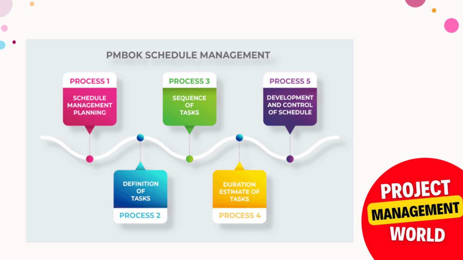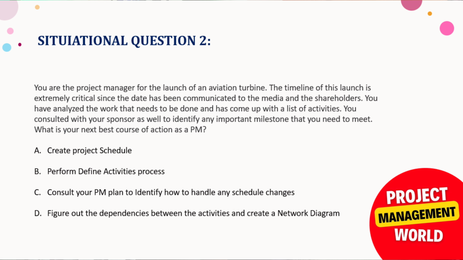So now let's read out the options as well. Create project schedule. This option is not right, because creating the schedule is the last process of schedule management. This is process number 5 under schedule management. So this option is ruled out. Then we have perform define activities process.